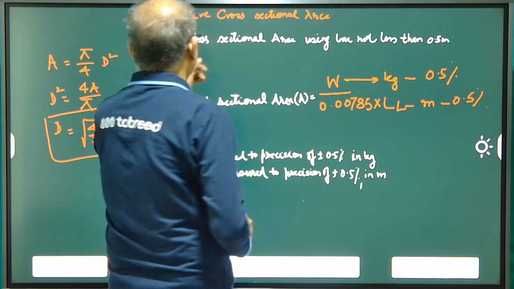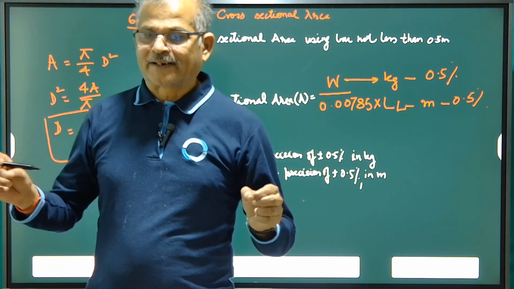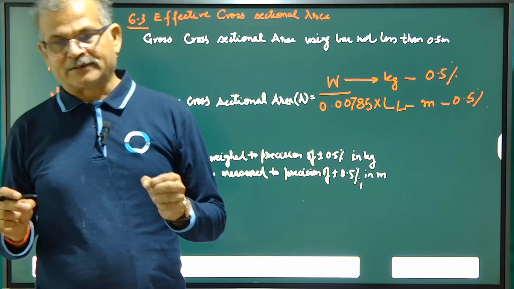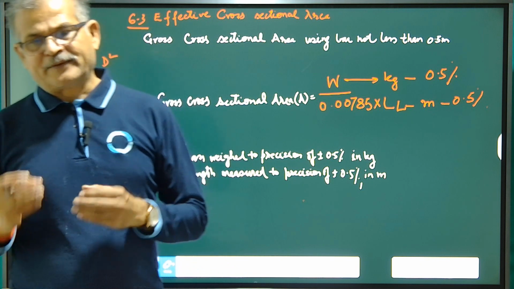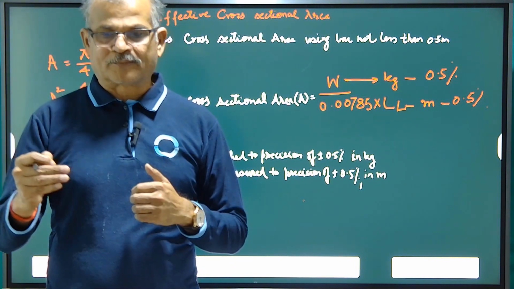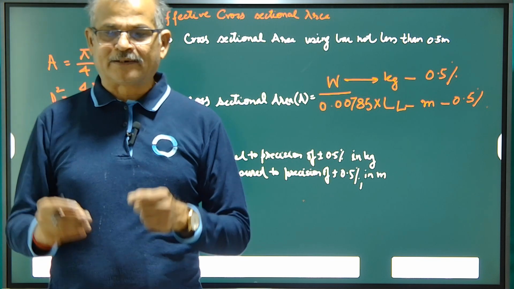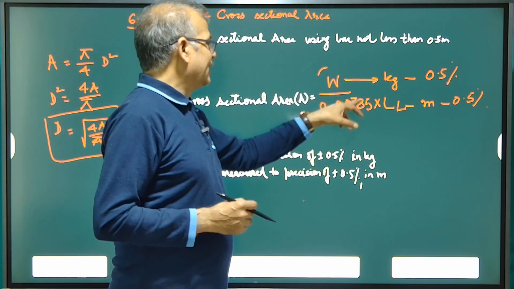So we get the gross cross-sectional area. The specimen length should not be less than 0.5 meter. The preferable size is 1 meter, or say 1.2 meter, 1.3 meter. Same length, same weight we have to give here.